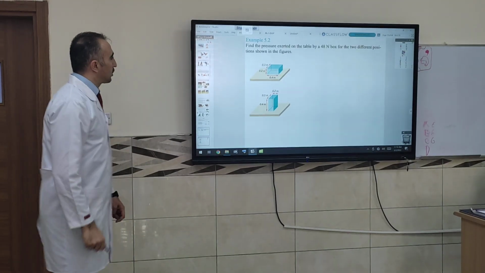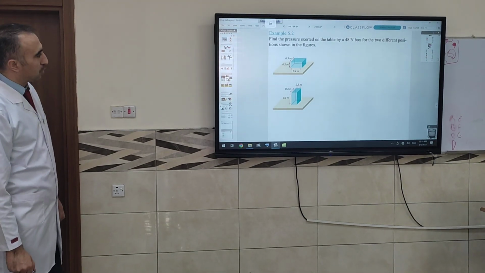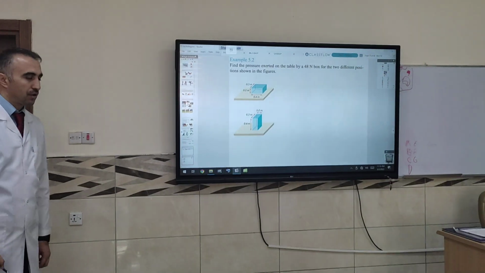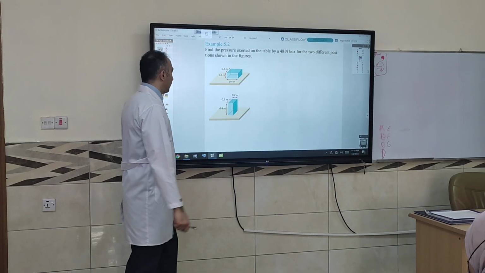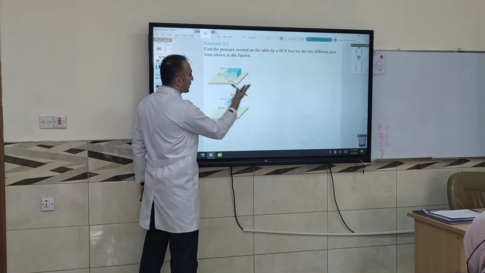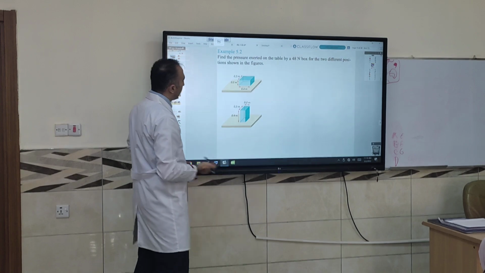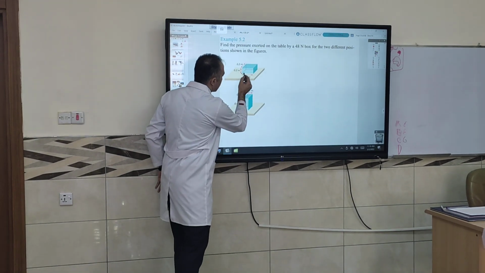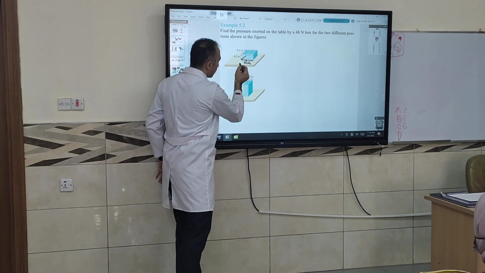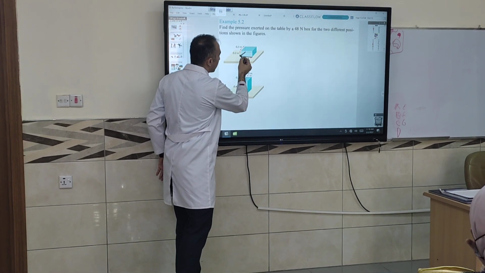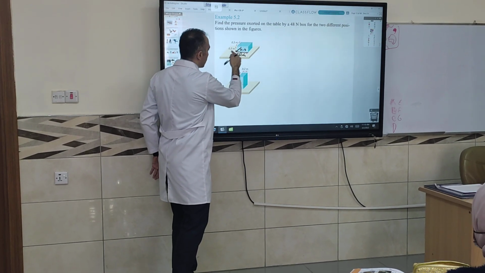Find the pressure exerted on the table by 48 Newton box for the two different positions shown in the figures. It's about math again. You see which side the box lays on the ground, this side and this side. This is 0.4 and this is 0.3. Don't confuse with this, okay?